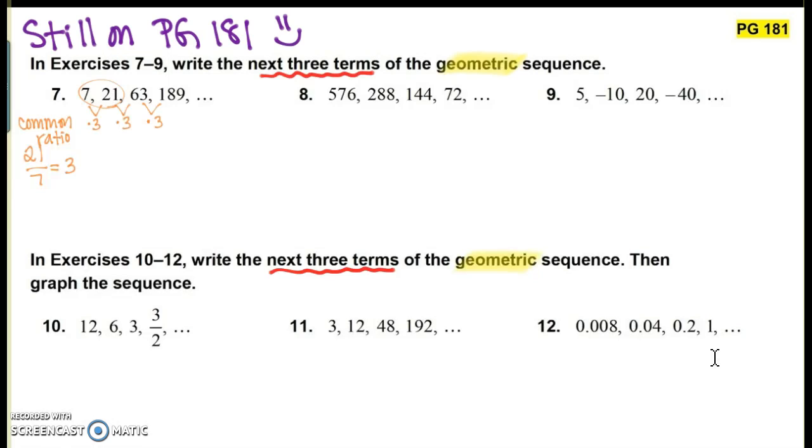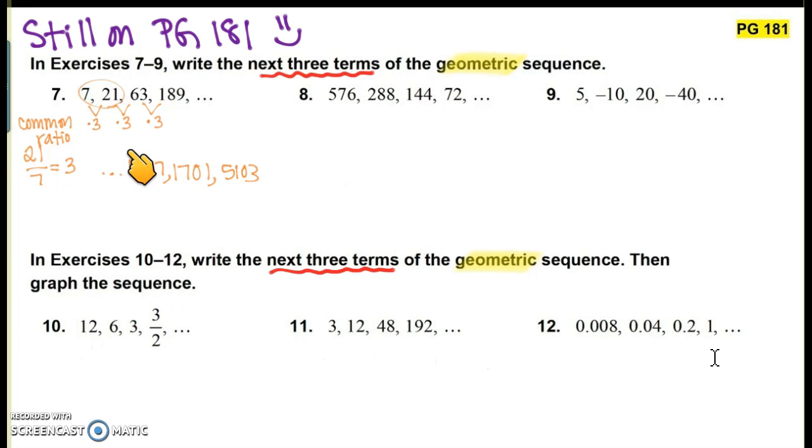So we go back to our paper, my next 3 terms, dot, dot, dot, continuing the pattern: 567, 1701, and 5103.